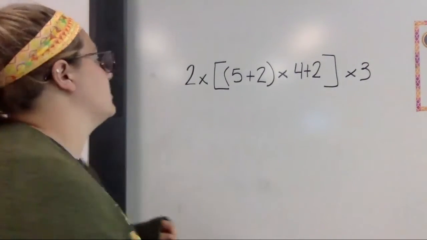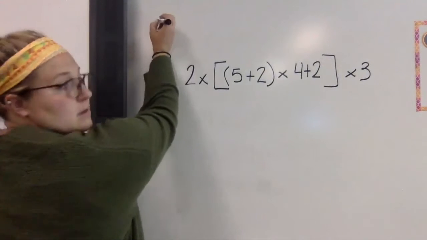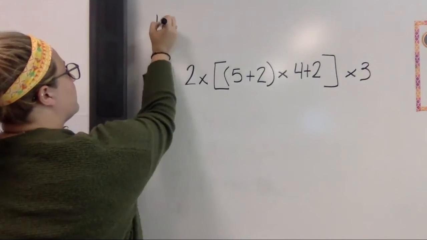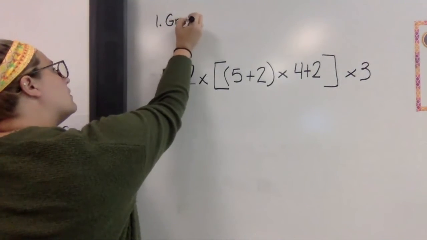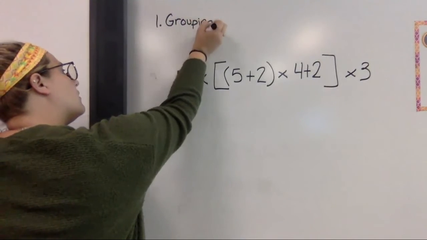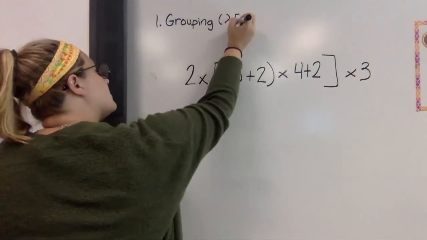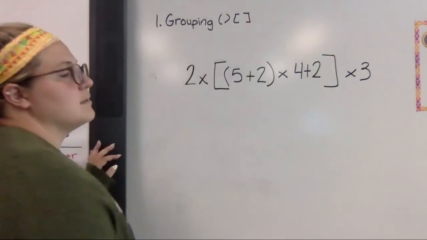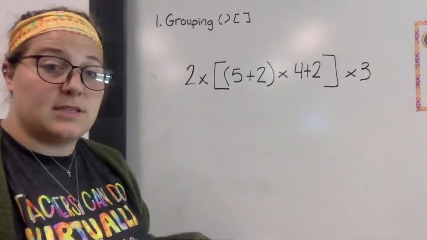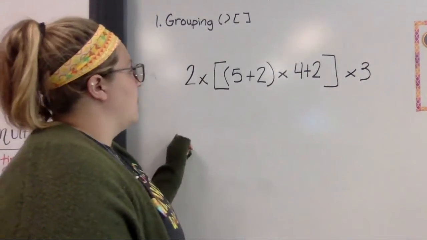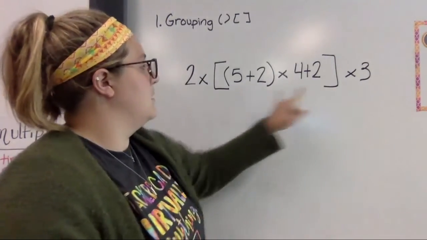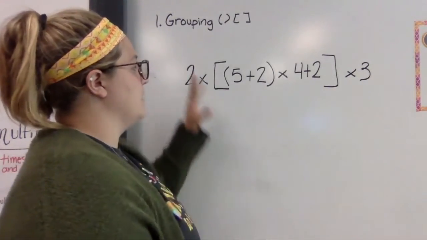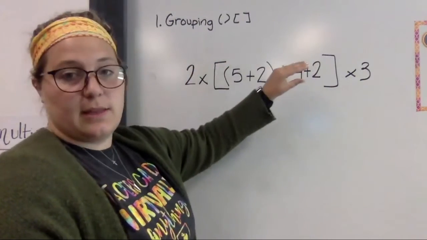So first step, grouping. That's our parentheses and brackets. So we have some of those this time. So I'm going to go and find my brackets and go within that. Well, I have a whole bunch within that.